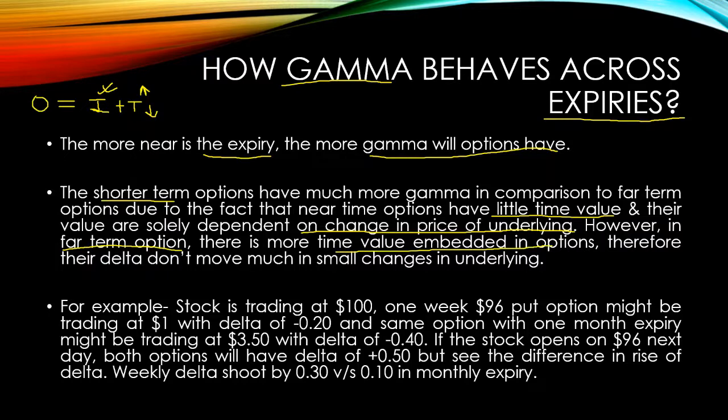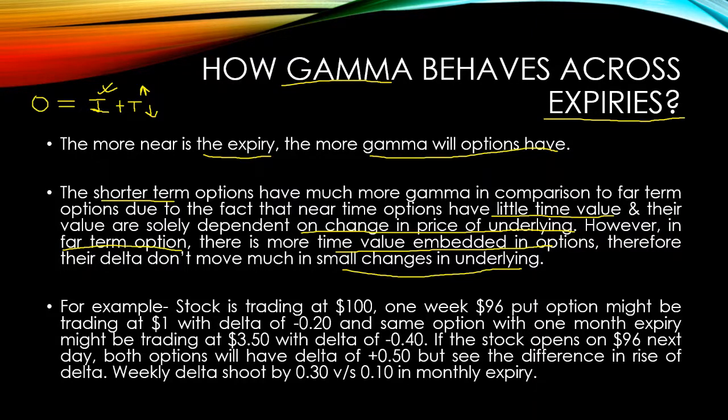Therefore, their delta doesn't move much on small changes in the underlying. So this is just an explanation of what I discussed above. Due to the extra time value in long-term options, they do not have as much gamma as short-term options because they have more protection embedded in them.